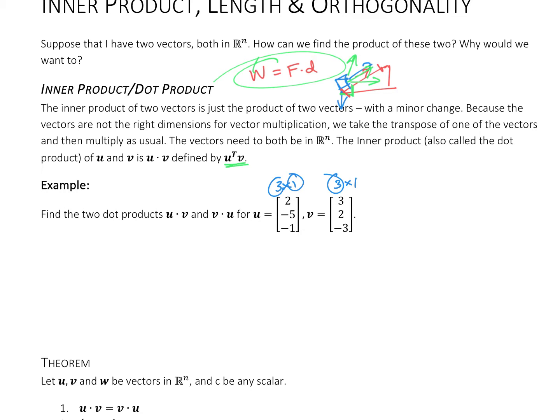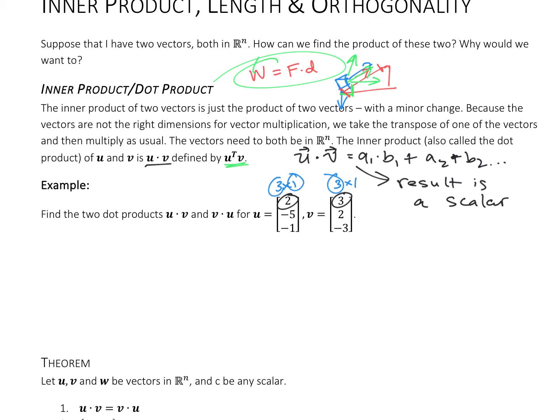So all this boils down to is that the dot product, U dot V, U dotted with V, is defined by just taking the A1 position of U times the B1 position of V, so if this is A1, this is B1, plus A2 times B2, and so on. And the result here is a scalar.